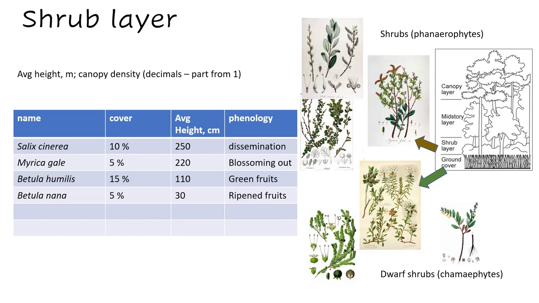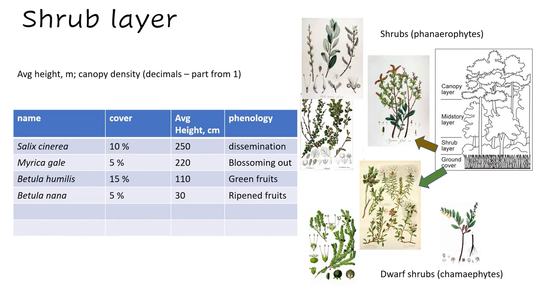For example, willows or Myrica or some small birches are shrubs. All the Ericaceae which you have in the temperate zone in the raised bogs are dwarf shrubs. However, Myrica gale is also Ericaceae, and there are also some Ericaceae on different continents and places.